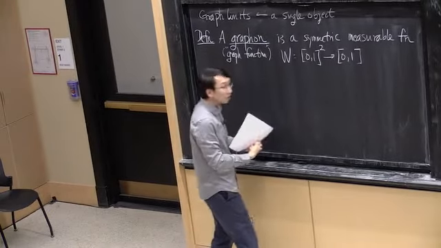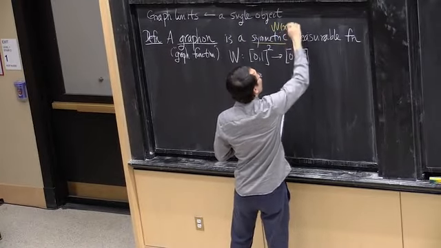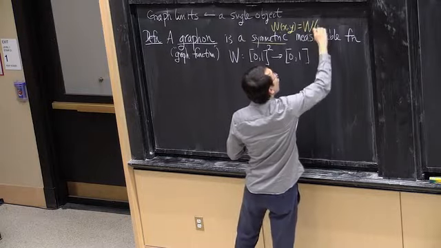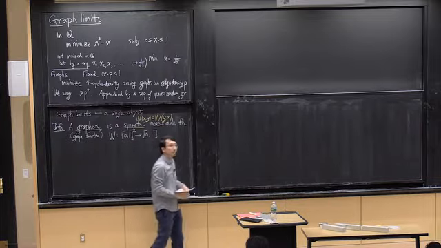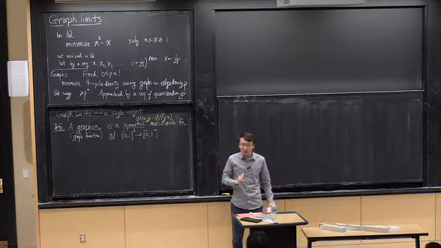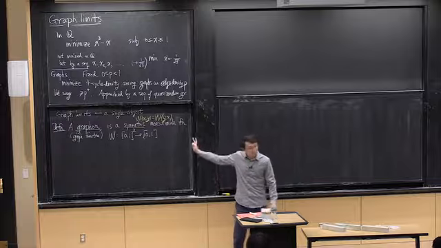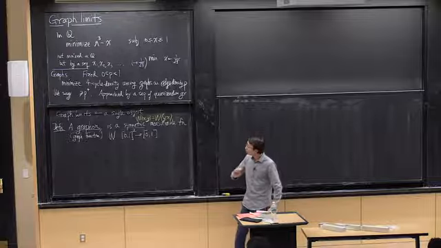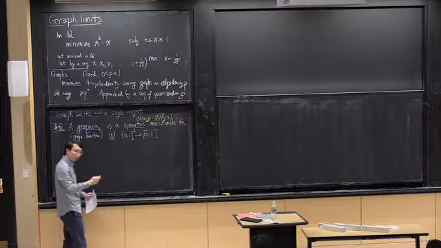Being symmetric means that if you exchange the two argument variables, this function remains the same. That's the definition of a graph function. These are the objects that will play the role of limits for sequences of graphs, and I will give you lots of examples in a second. This is the form of the graph functions that we'll be looking at mostly.